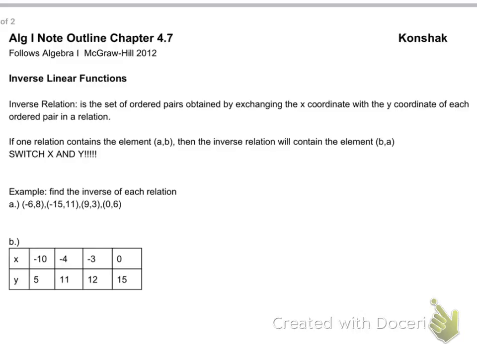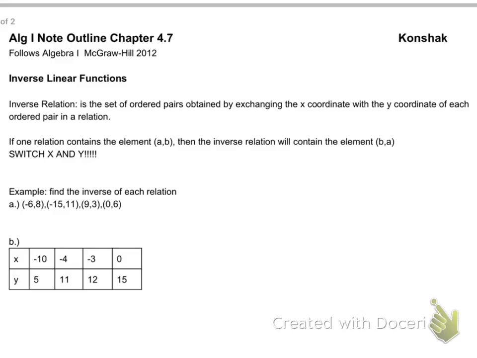What are you going to do? Switch x and y. If you're given a set of points, a set of data in a table, in a mapping, in ordered pairs, all you need to do is take the x's and the y's and switch their places. The inputs become the outputs and the outputs become the inputs.